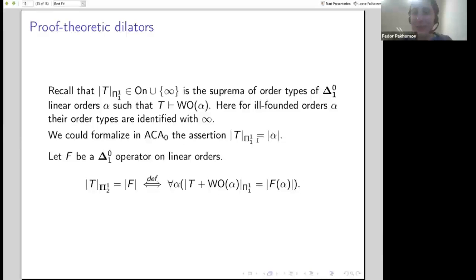The point is that dilators are a certain kind of functions from ordinals to ordinals that behave very nicely and could in fact be applied to arbitrary linear orders, and in the case when they apply to well orders, they should produce well orders. So in a certain sense, these are operators on linear orders that preserve well orders.